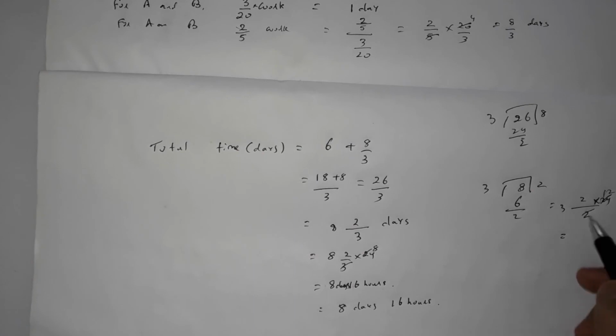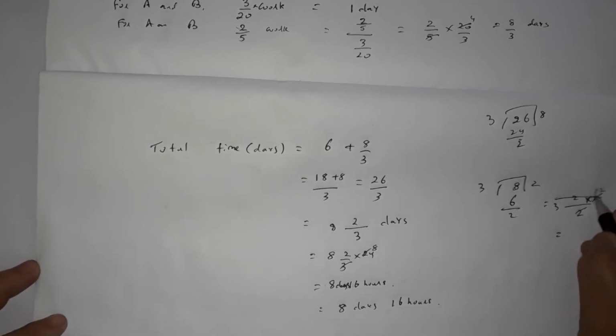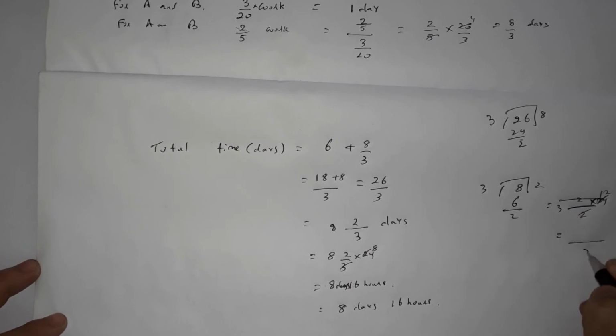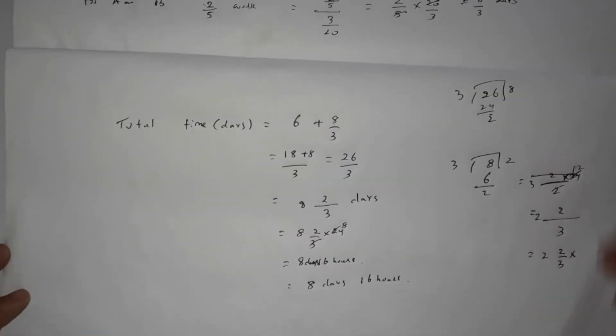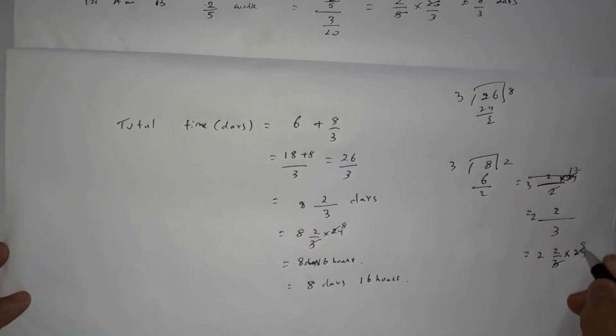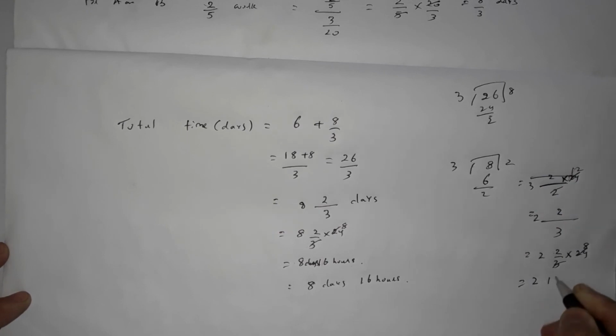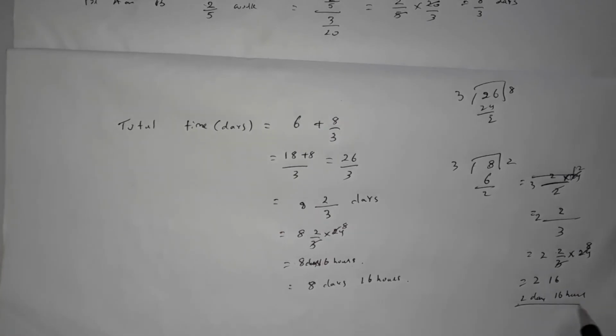So this is 2 by 3 into 24, 3 eights, equal to 16, okay? So 2 days, 16 hours. 2 days, 16 hours is done by whom?